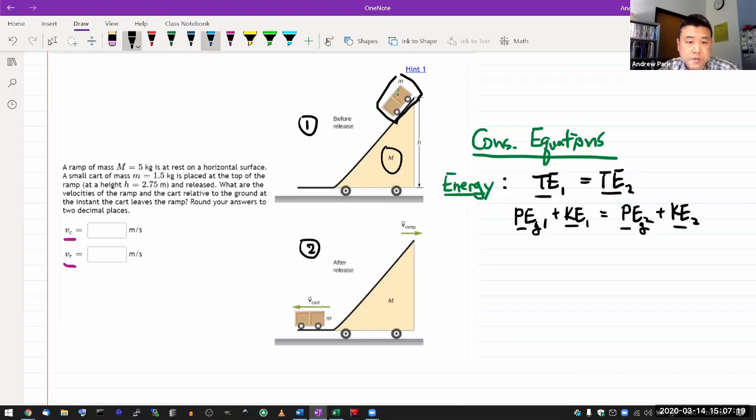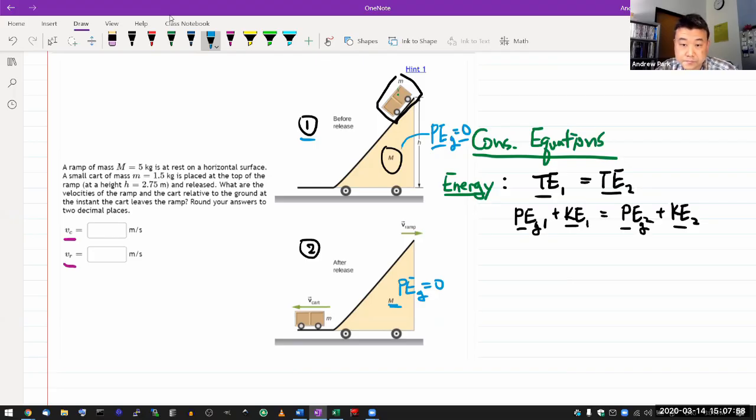I'm going to use a simplifying convention, which will allow me to not write down things I don't need to: this ramp has gravitational potential energy of 0. I'm defining my coordinate system in whatever way I need to, so that in snapshot 1, the ramp has 0 gravitational potential energy. And because the ramp is not changing in height, its gravitational potential energy remains at 0. That simplifies my expression a little bit.